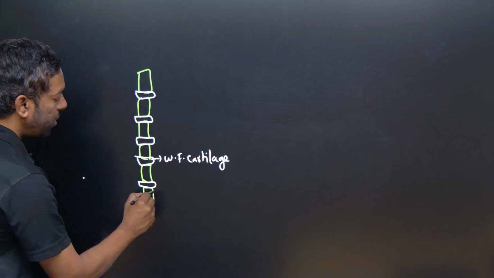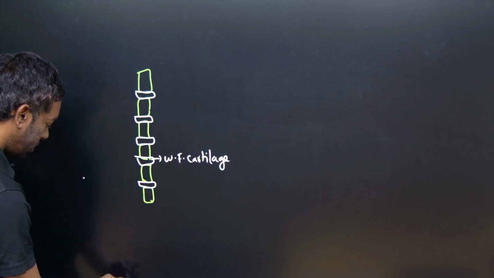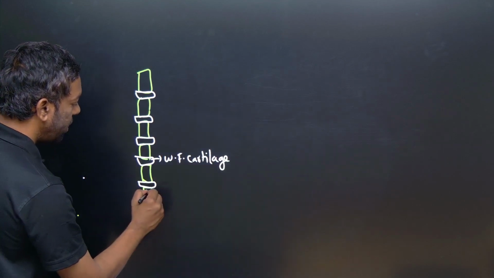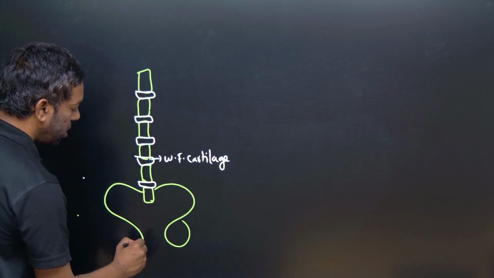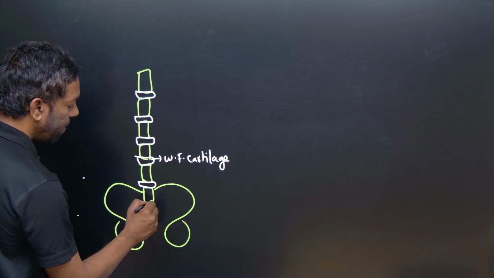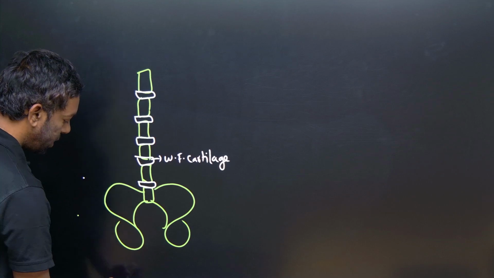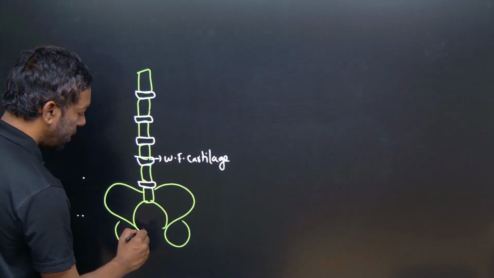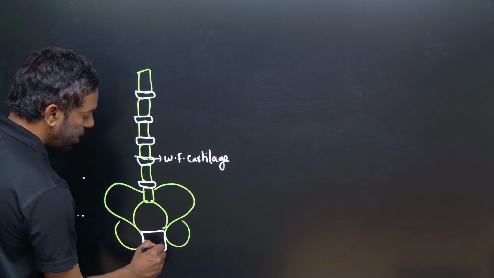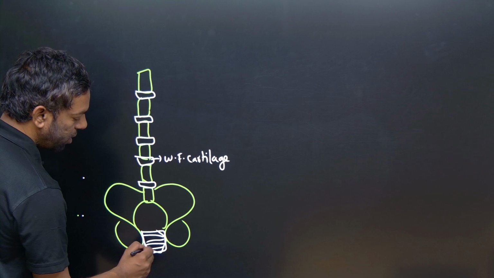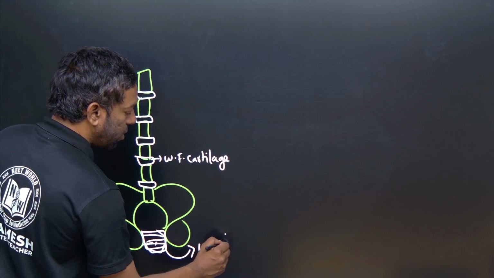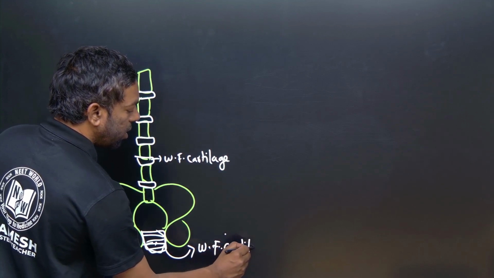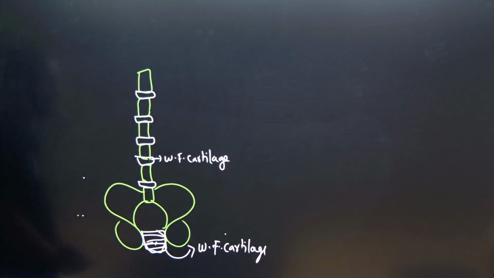It also supports the pelvic girdle. This is the pelvic girdle. The pubic symphysis here is supported with cartilage. This is the white fibrous cartilage.